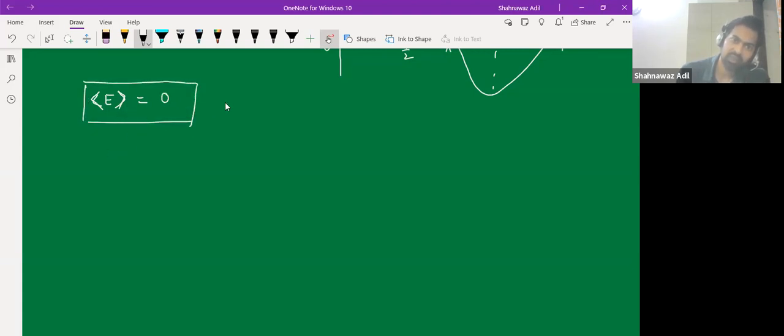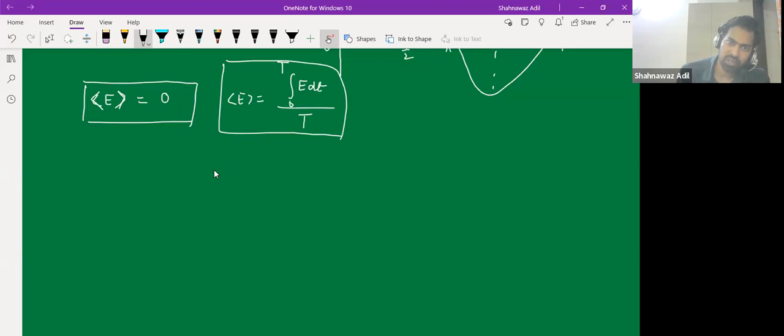We calculated the average using the integral from 0 to T of E dt by T, and the average of sine omega t came out to be 0. So this whole term became 0.